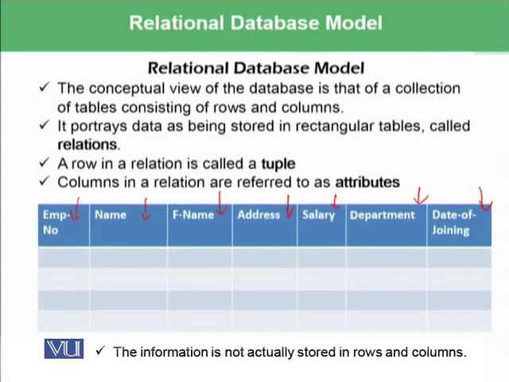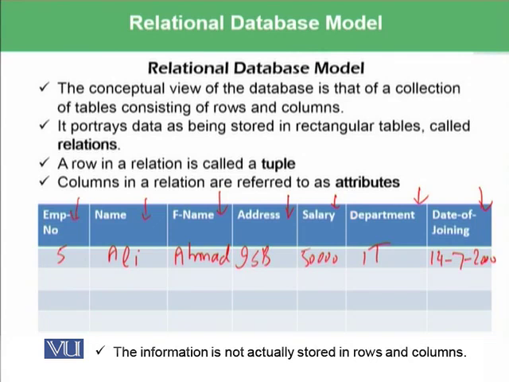So this is one relation, employee, and it is storing the information related to employees. For example, if there is an employee with number 5, its name is Ali, its father name is Ahmad, address is, for example, Islamabad, salary is 50,000, department is IT, and date of joining is, for example, 14 July 2000.